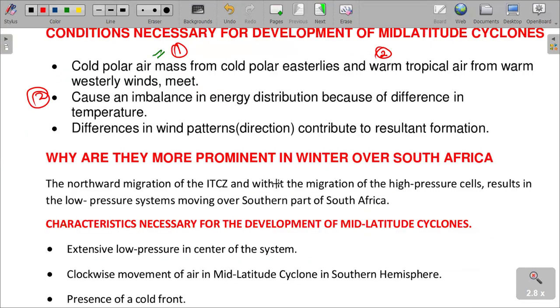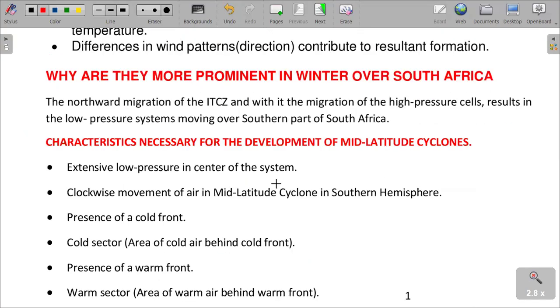There is also this part: why are they more prominent in winter over South Africa? This is one key question: why are we having mid-latitude cyclones so dominant in winter over South Africa? It is because of the migration of the ITCZ that I have explained in the previous chapter.